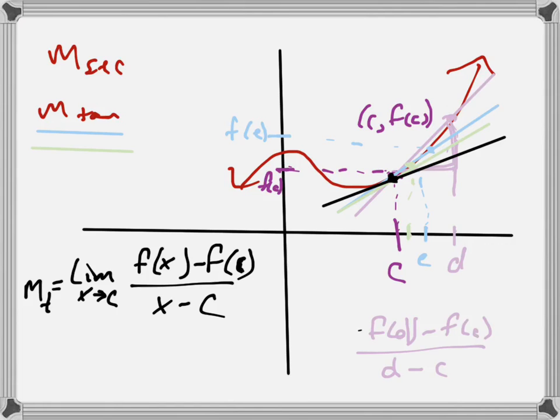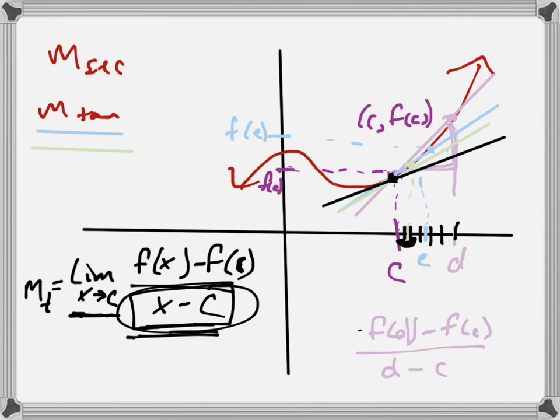As x gets closer and closer to c, what is x minus c getting closer to? X minus c is the distance between x and c. What's that distance getting closer and closer to? Nope, not the tangent, it's getting closer and closer to 0.